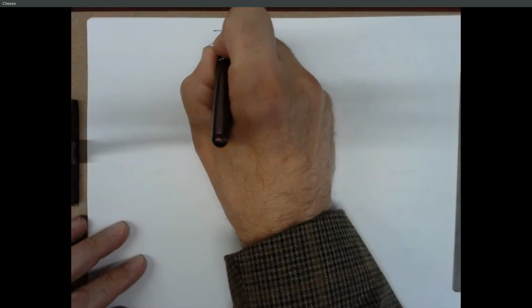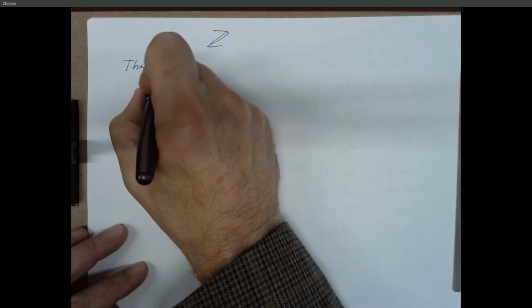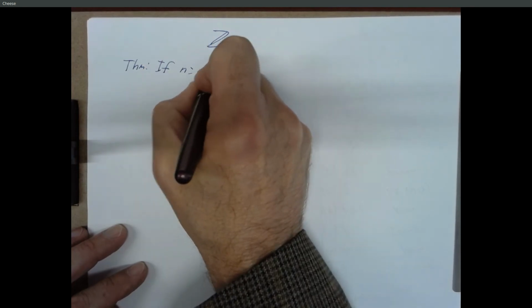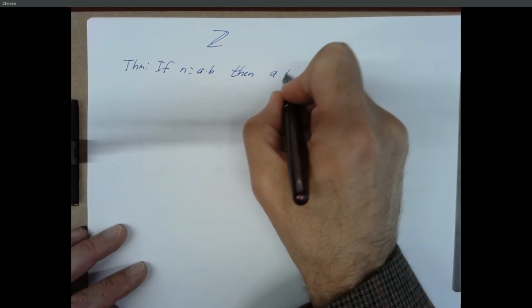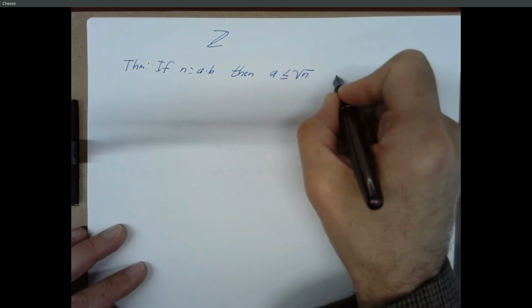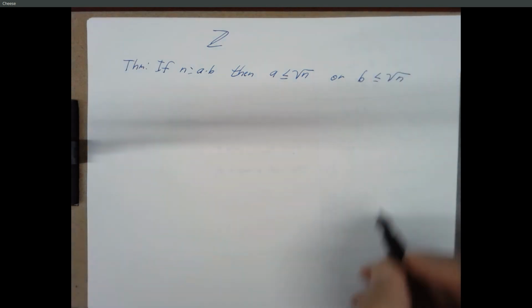So let's keep working over the integers, so I don't have to keep saying is an integer. Here's a theorem. If n equals a times b, then a is less than or equal to the square root of n, or b is less than or equal to the square root of n.